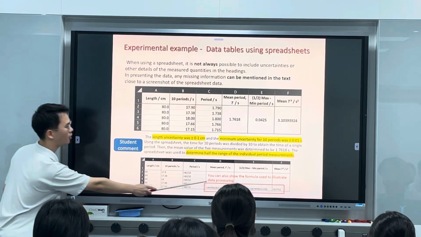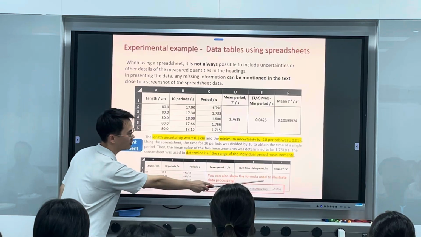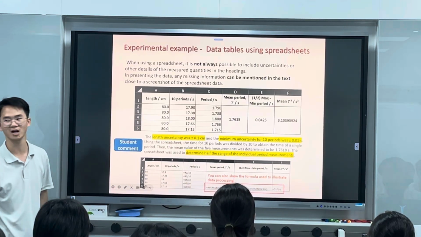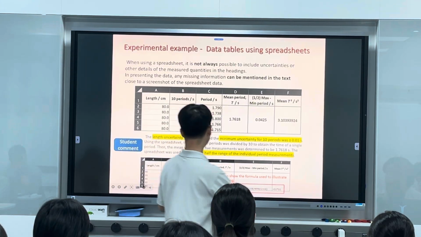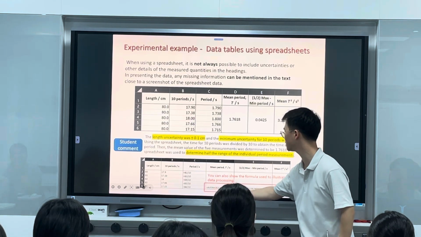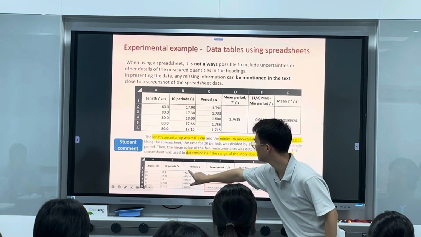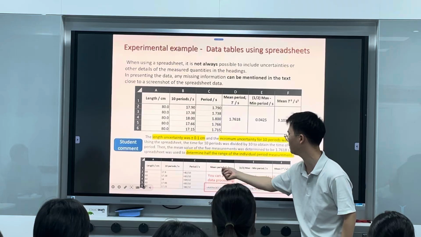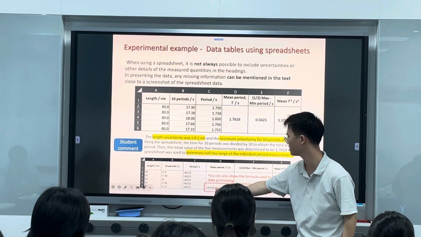Okay, here, you can also use the show formula feature to illustrate your data processing. Using this, we know that you're averaging from C2 to C6, so this is the mean period.